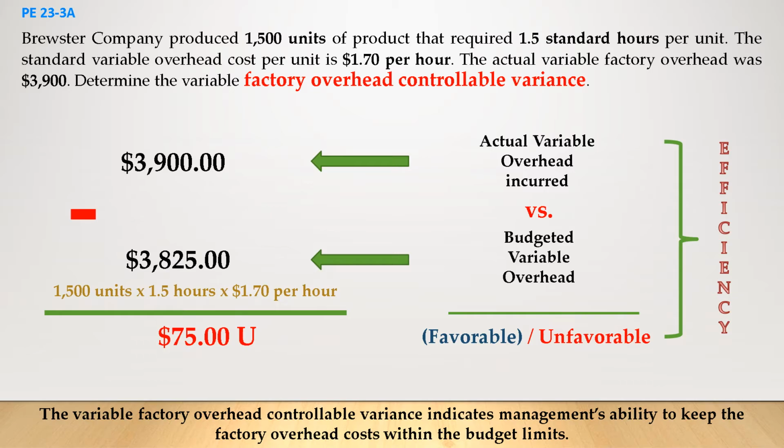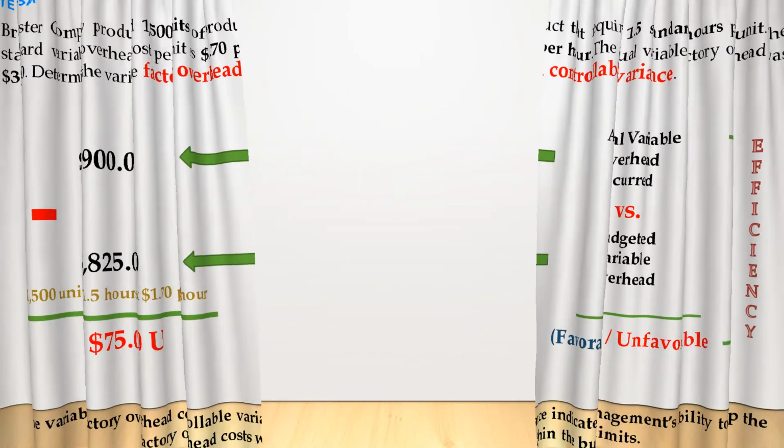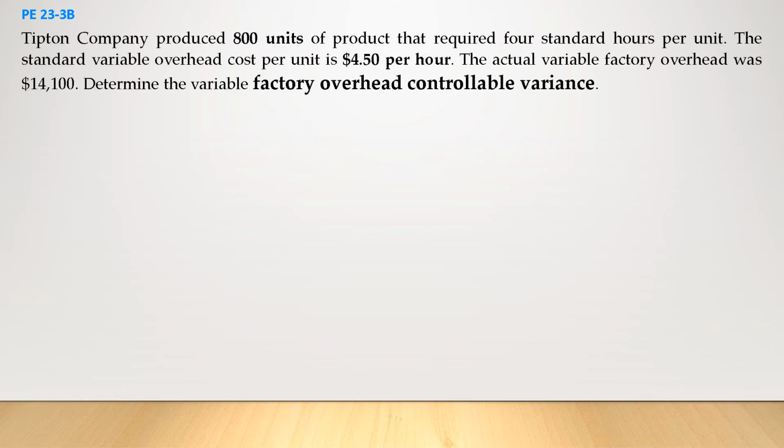Now let's go to the other exercise. Tipton Company produced 800 units of product that required 4 standard hours per unit. The standard variable overhead cost per unit is $4.50 per hour.